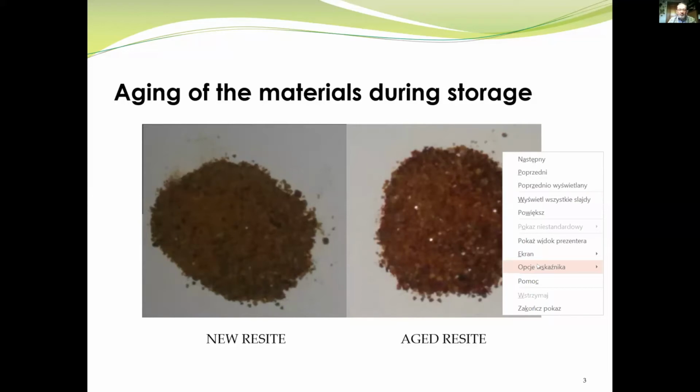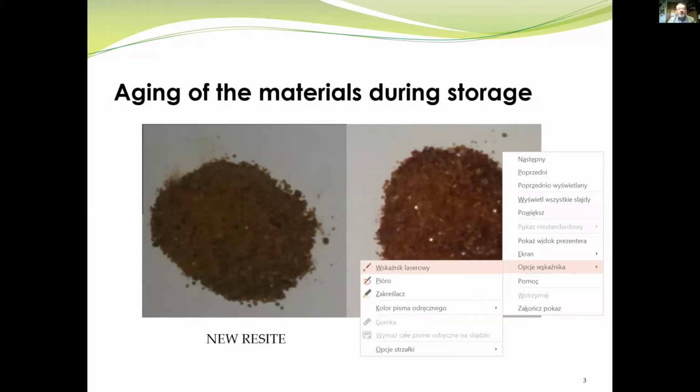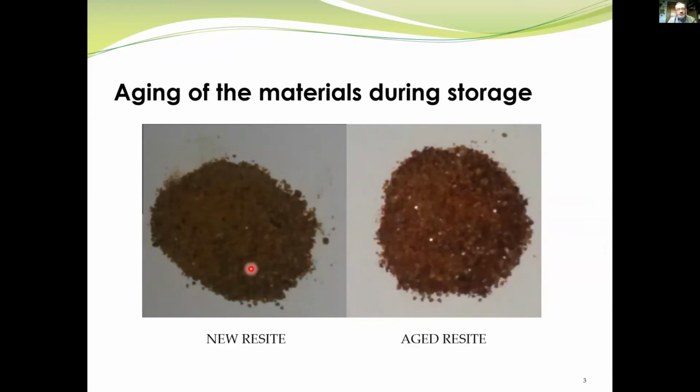You can see the photo of the new resin, and after 3 weeks of storage, it's a different material, even without any examination by chemical techniques.